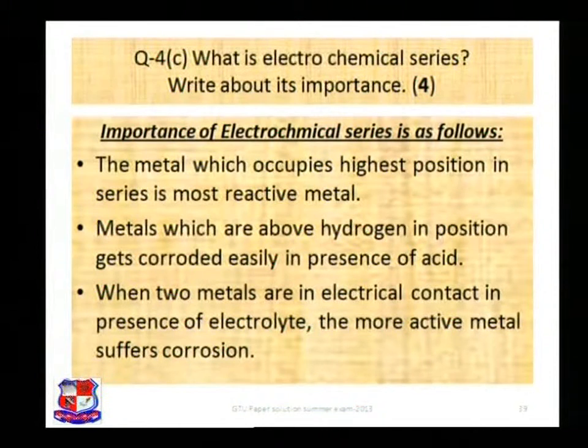The third point says when two metals are in electrical contact in the presence of an electrolyte, the more active metal suffers corrosion. What is the meaning of more active metal? The metal which is above the other metal is the most active and most reactive metal, and that is going to suffer the corrosion.